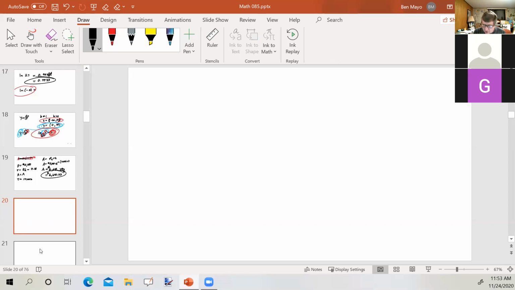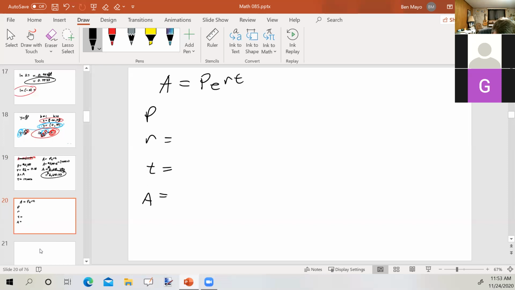Okay, it said it was compounded continuously, so that means we're going to use this formula, okay? But now it doesn't tell us the beginning amount, it tells us the ending amount.